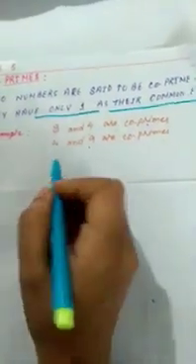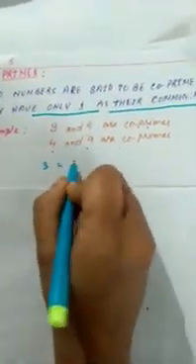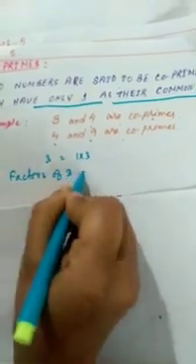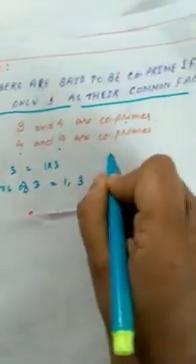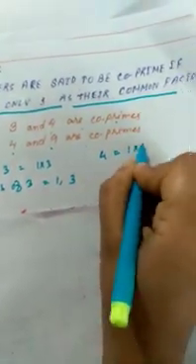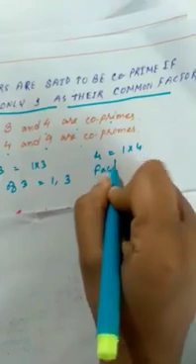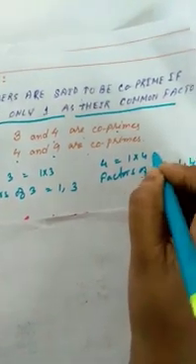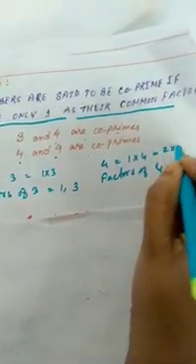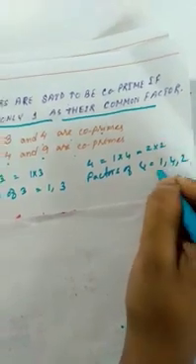But why? If you see 3, we can write only 1 into 3. So the factors of 3 will be only 1 and 3. Same way, for 4 we can write 1 into 4, or one more way, 2 into 2. So the factors of 4 are 1, 2 and 4.